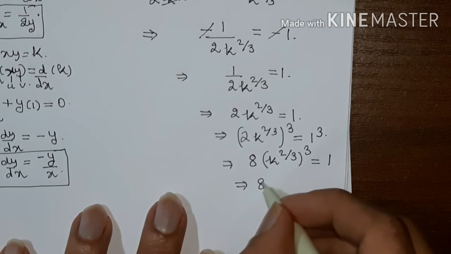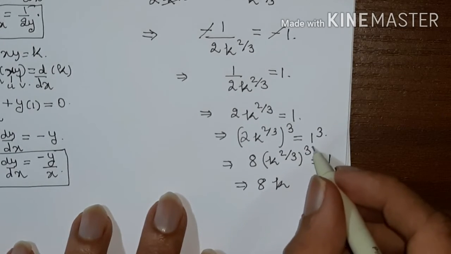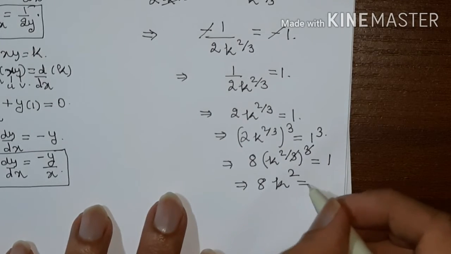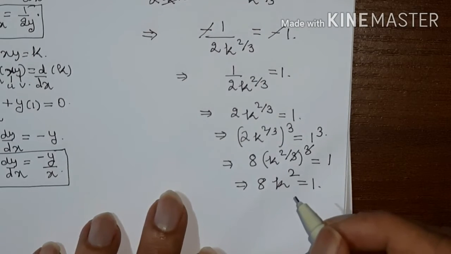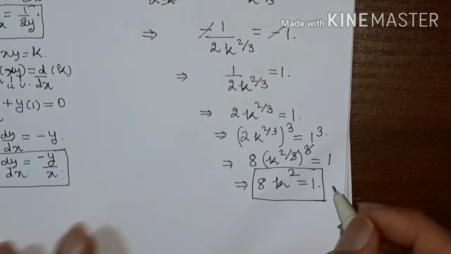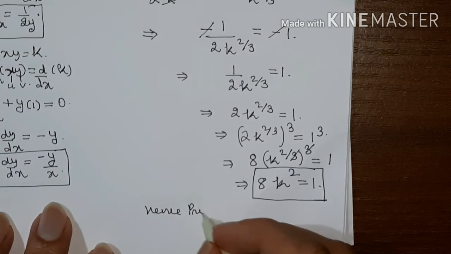So you will get 8 times k raised to, this 3 and 3 will get cancelled, you will get square equal to 1. So this is what we wanted, right? 8k square equal to 1. Hence proved.